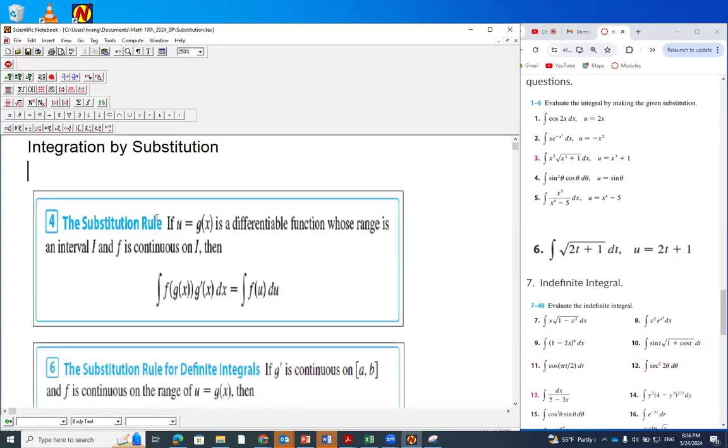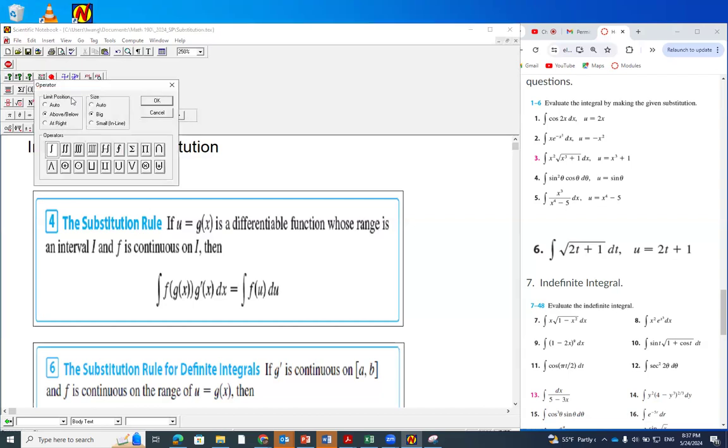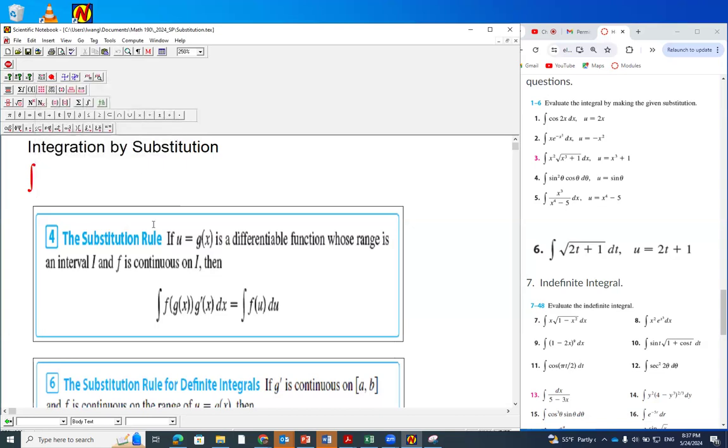First we understand the rule. If you look at the rule, we have a situation for an indefinite integral, and we have f of g of x, and then we have g prime of x and dx.